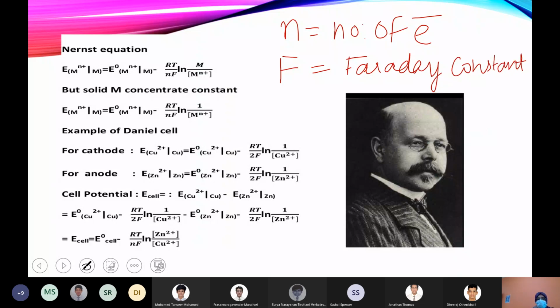Because we are simplifying it further down, you don't have to use the actual value. We are putting all the constants together and simplifying for the calculation.